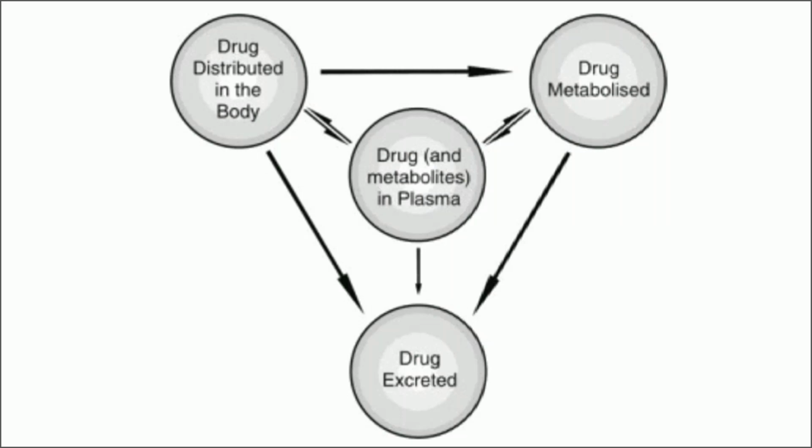Once the drug is distributed in the body, it can go for drug metabolism. After drug metabolism, the drug can go for excretion. Some amount of drug directly goes into excretion without getting metabolized, and in between you can see there is a central compartment called the plasma compartment.